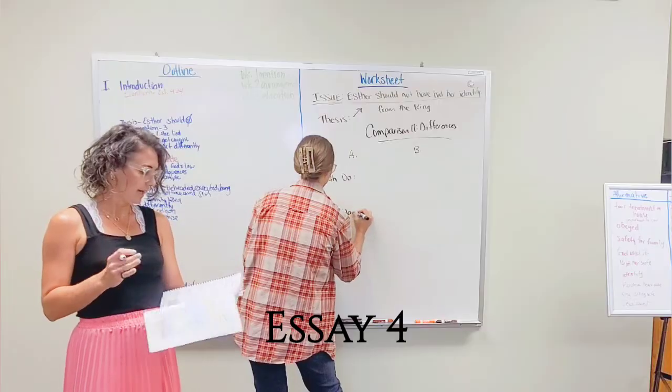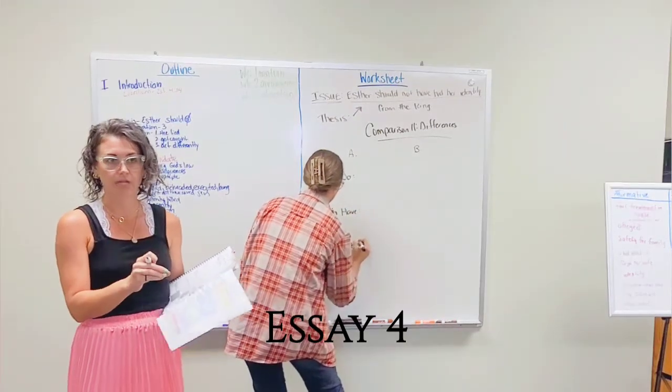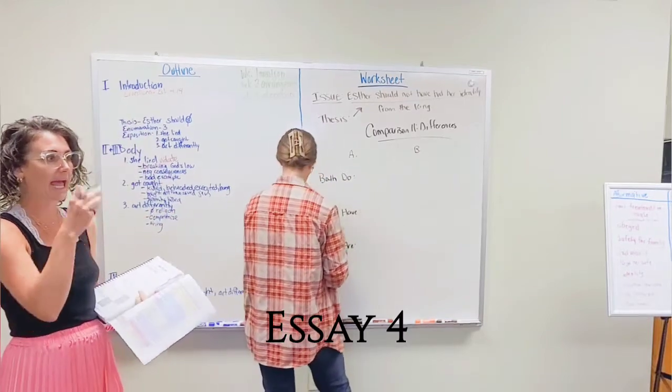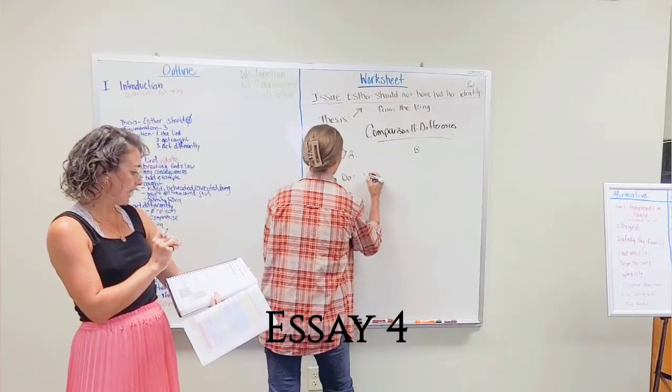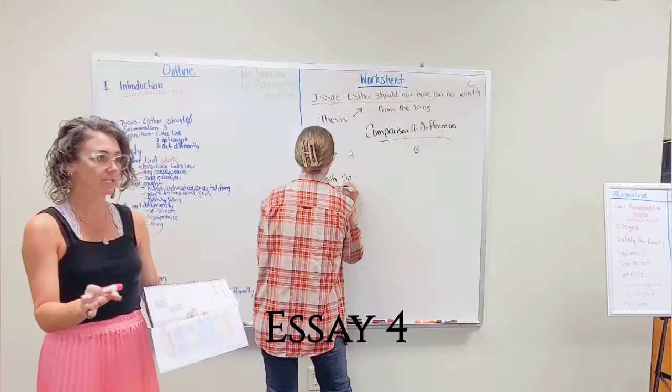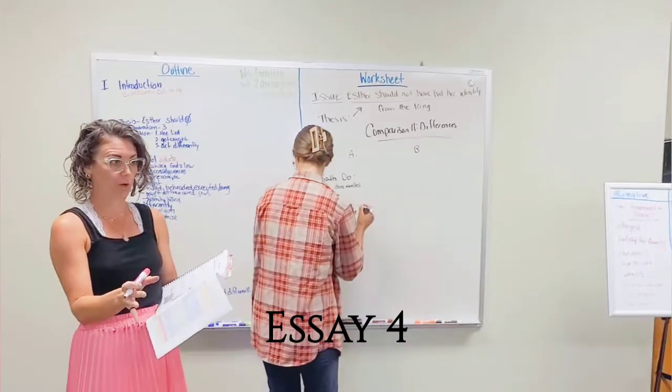We're going to keep the same comparison, Esther and Mordecai. We already talked about what they have, are, and do, and what makes them similar. Now we're going to break it down into how they're different, how they're more or less, or better or worse.